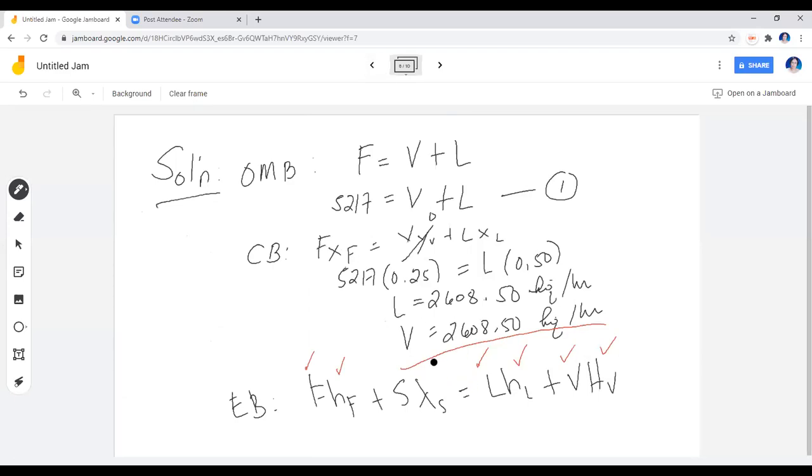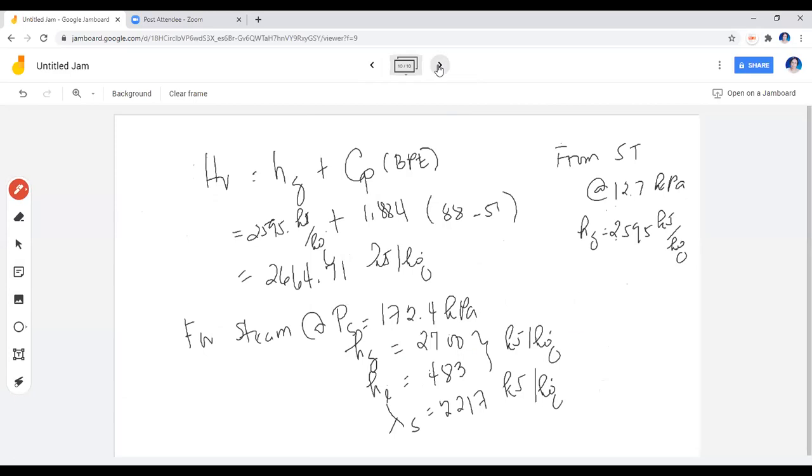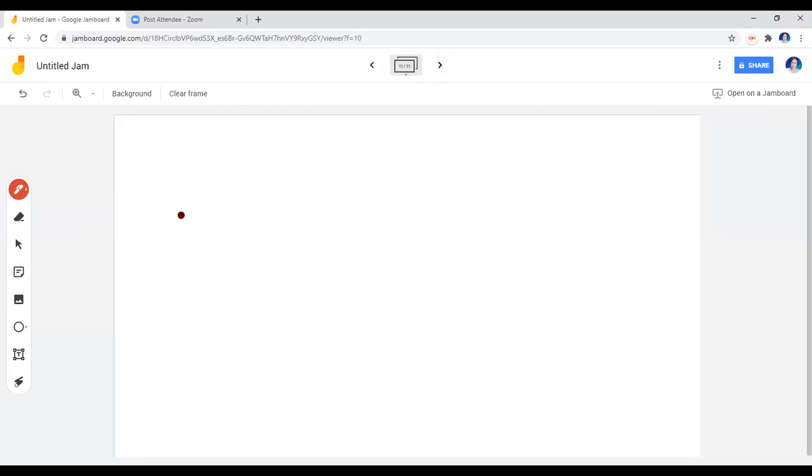We already have the lambda S, so the only missing information here is the S. So if you will have it computed, we'll have here F HF plus S lambda S equal to L HL plus B HV. That's our energy balance equation.